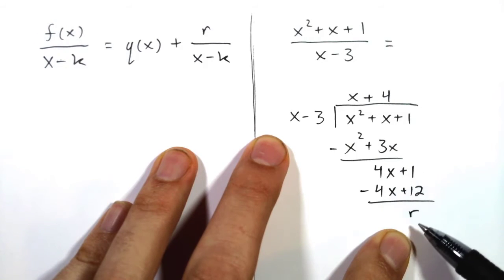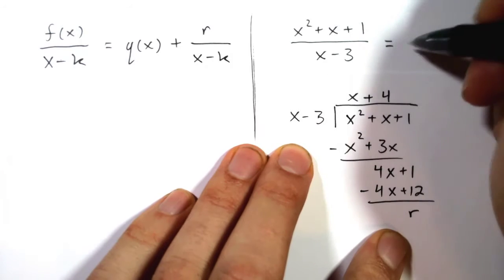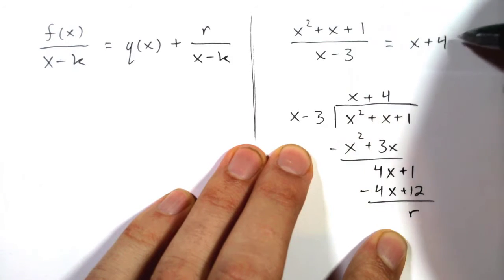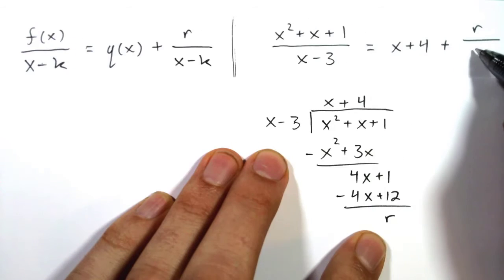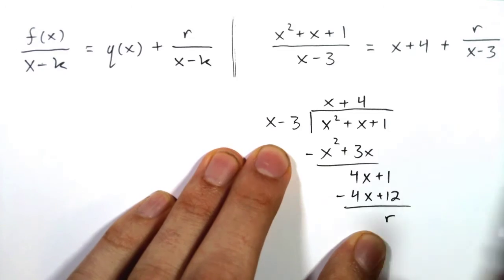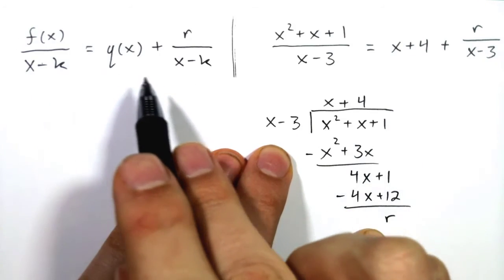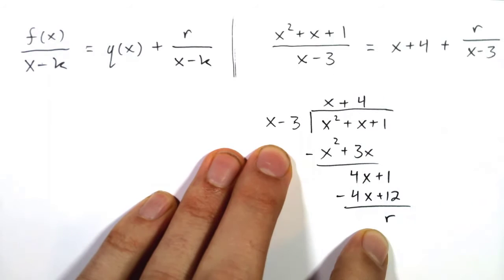But I'm going to leave it as r. So what we see is that the answer is this, x plus 4 plus r, divided by this term here. So I've expressed this abstract stuff in terms of an explicit example over here.